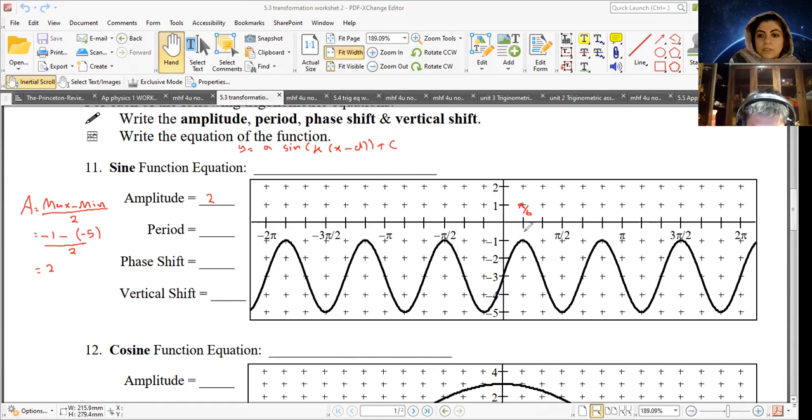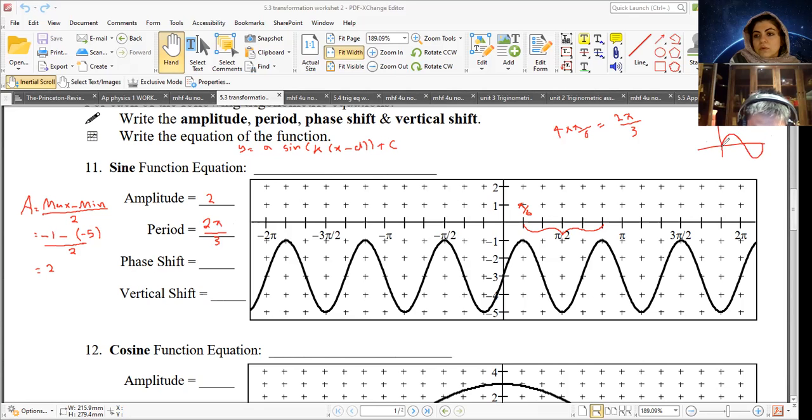So let's say from pi/6, 1, 2, 3, 4 to the next maximum is here, right? 1, 2, 3, 4. 4 multiplied by pi/6. Just want to find the distance between these two, right? It's going to be divided by 2, 2 pi over 3. So this is going to be my period, 2 pi over 3.